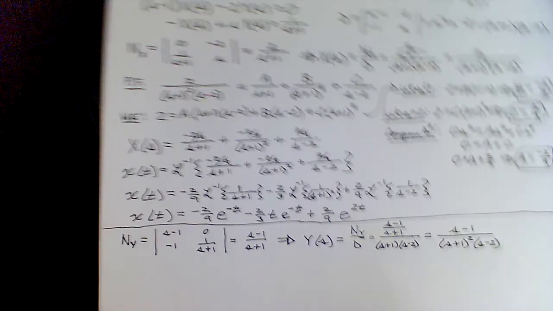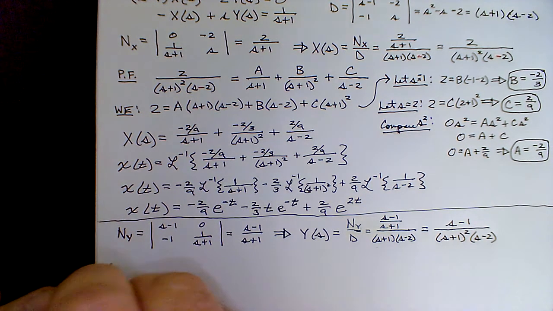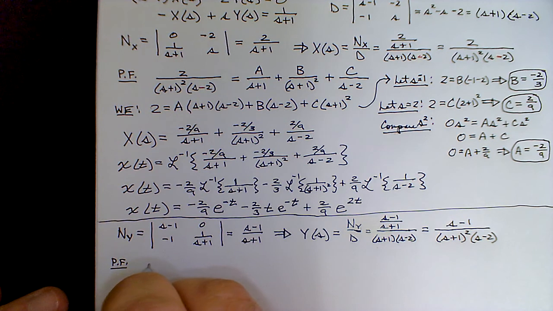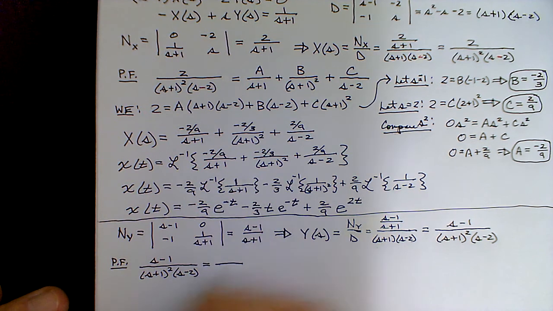Okay, and now it looks like it's pretty much the same type of partial fraction decomposition. So set it up for partial fractions. So we have s minus 1 over s plus 1 squared, s minus 2 equal to, again from the repeated factor, 2 fractions, one with s plus 1, one with s plus 1 quantity squared.